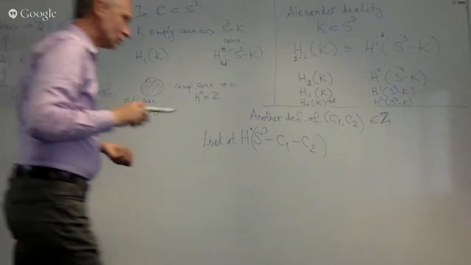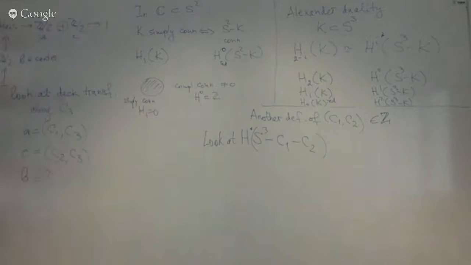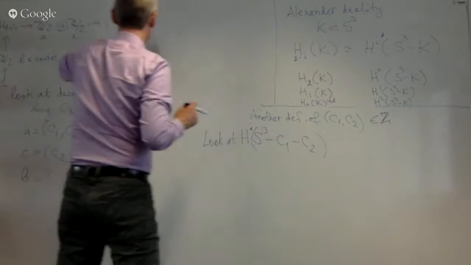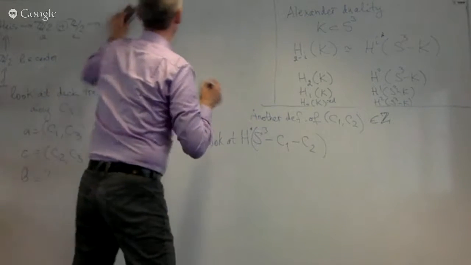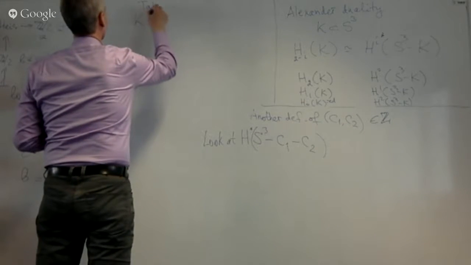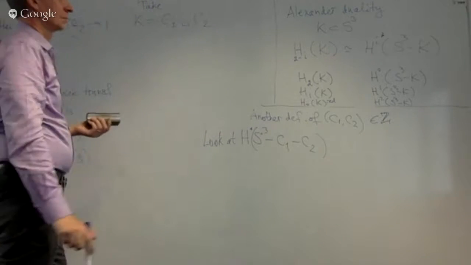So now take for K the union of two circles, C1 and C2, which are disjoint.